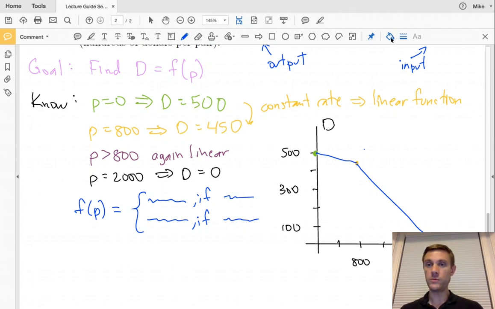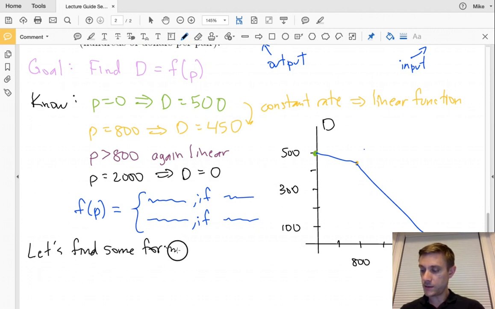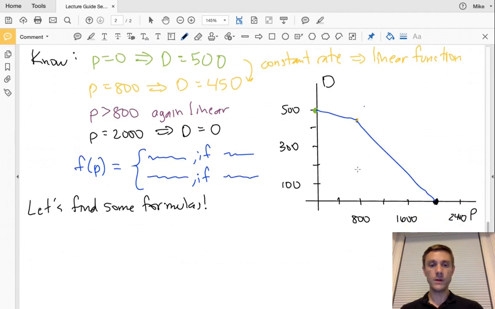So let's find some formulas. And from the description, it looks like we're going to have two distinct pieces, one line here and one line there. Okay, so Formula 1.